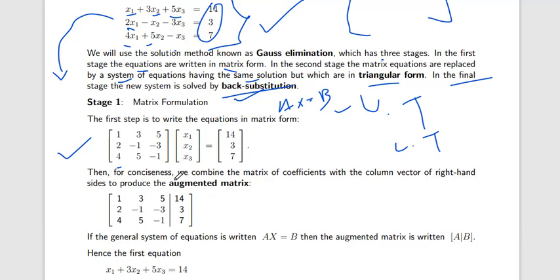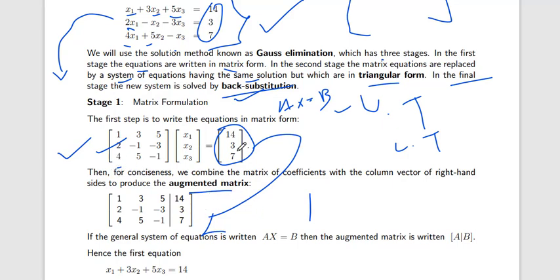For our ease, we will combine this coefficient matrix with the column vector of the right-hand side to produce an augmented matrix. Simple. We will convert this matrix into an augmented matrix, with the right-hand side 14, 3 and 7 separated by a line. This is called an augmented matrix.